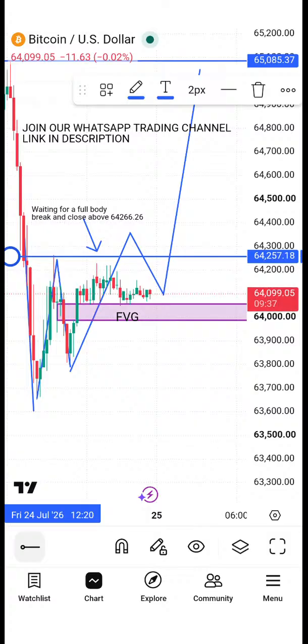Guys, forex trading is all about waiting. It's all about discipline. From my experience trading, I would say it's 30% technical and 70% psychological.